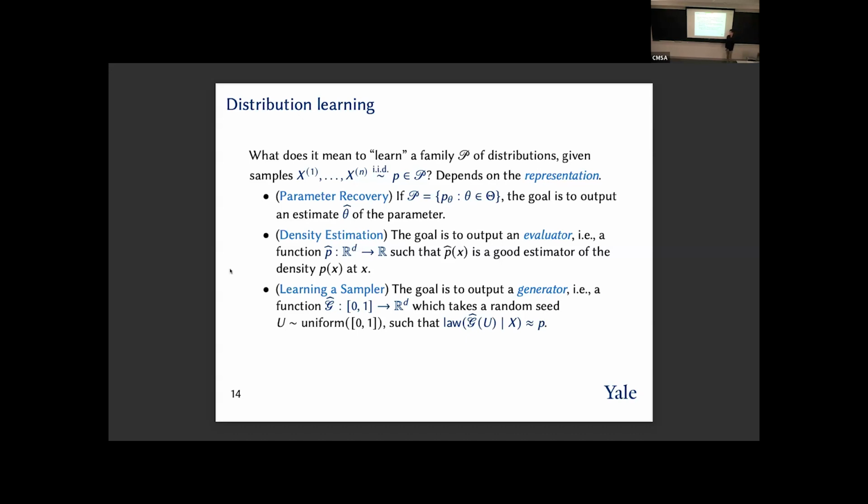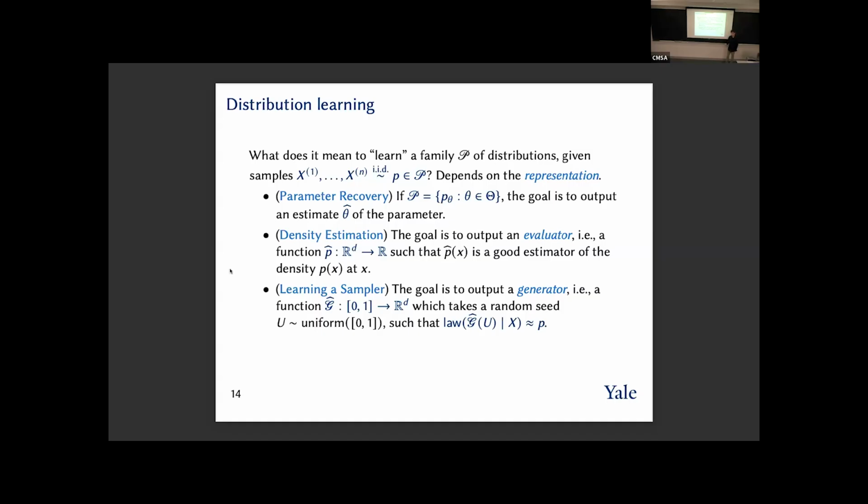Now, let me make a couple comments about this definition in case you haven't seen it before. First of all, it's important that we condition on the initial data samples, because if I don't condition, then one way to generate a sample would be to take one of my original data samples and just give it back to you. That's a perfect sample from the data distribution, but obviously we haven't learned anything about the distribution.